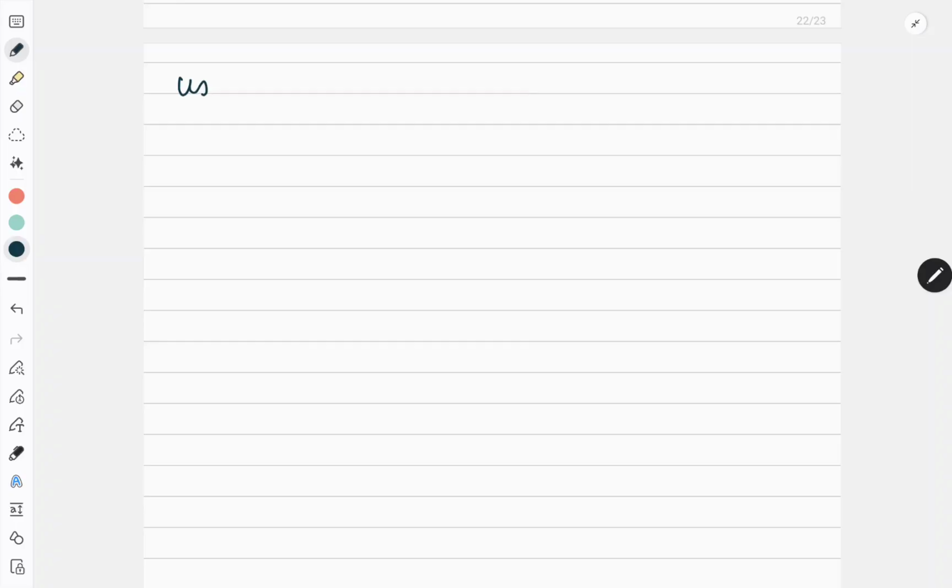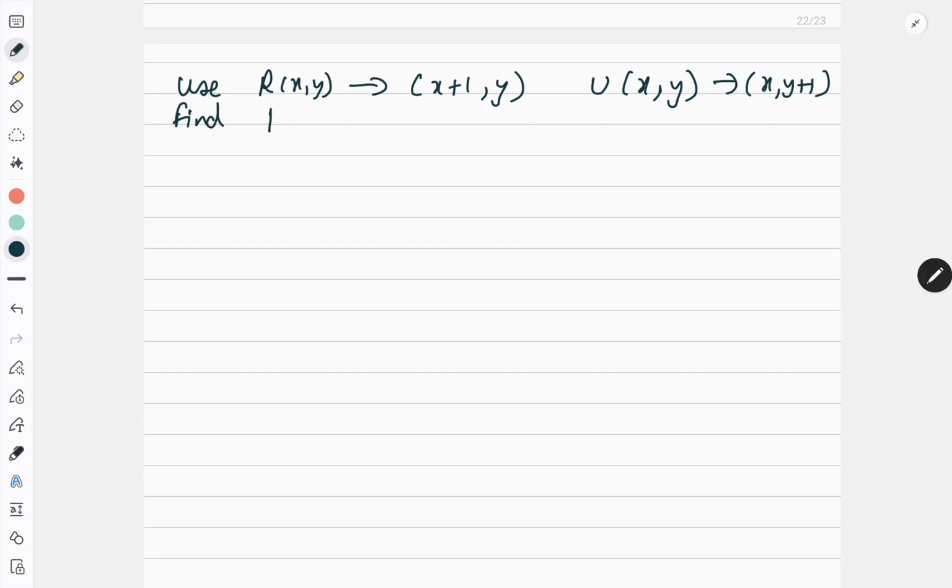Now use R: (x, y) to (x plus y, y), and U: (x, y) to (x, y plus 1). Find how many ways one can go.